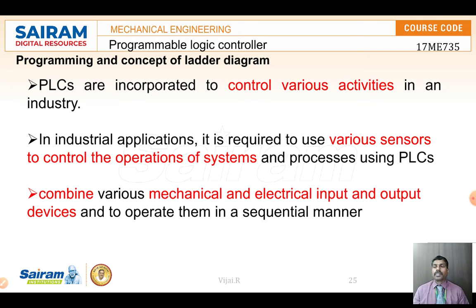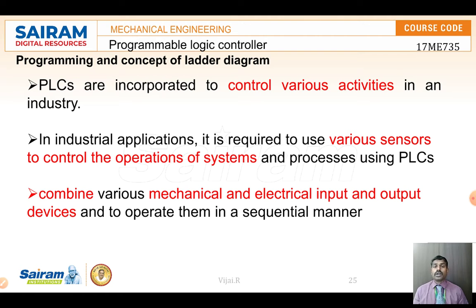Let me see here. The programming and concept of ladder diagram, for what purpose it is mainly used. We are going to see this in industries. The PLCs are used for various activities, just like automation systems of CNC machines, conveyor belts, material handling equipment, or material transfer, pick and place work, traveling from one place to another.